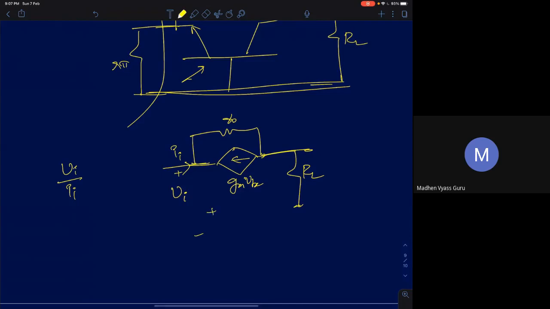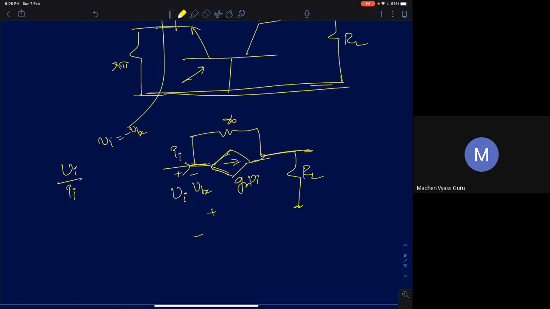This is VBE, the voltage across this. So can I say VI is minus VBE? VI is minus VBE, so I can replace this current this way. I can change the polarity of the current and write it as GmVI, flowing in the reverse direction. If II is the input current, what is the current flowing through the load here?